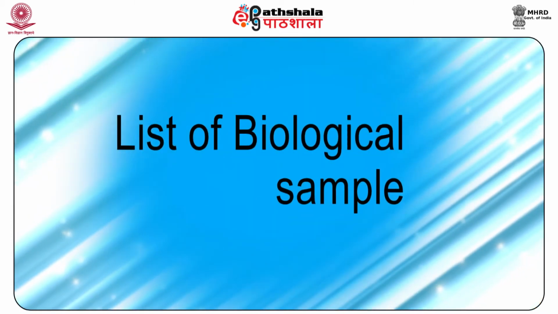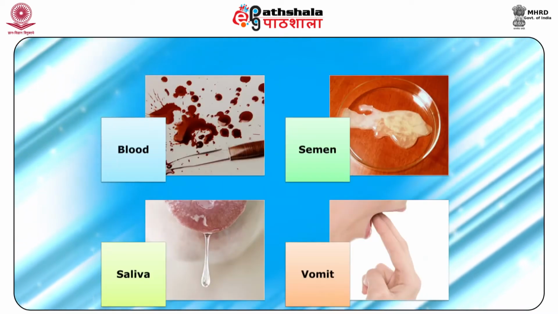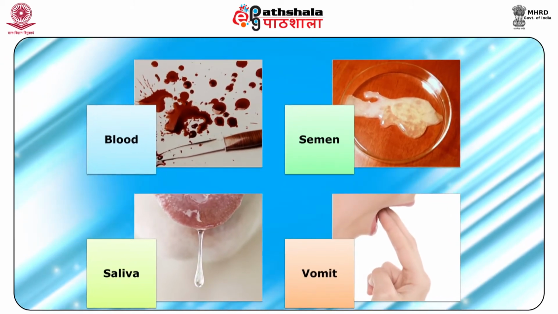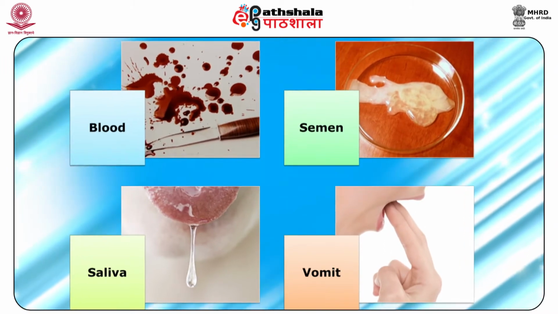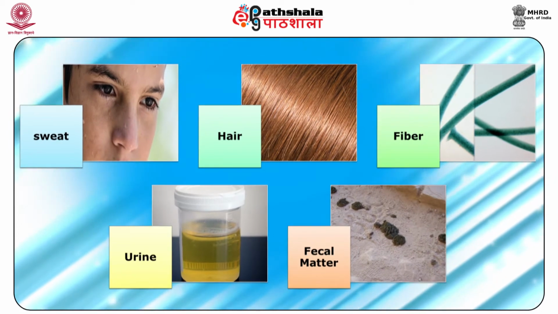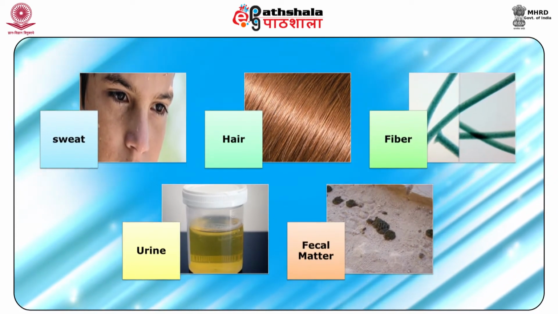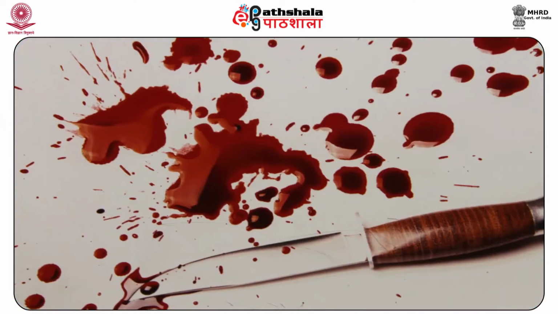Let us now see and understand the list of biological samples which are usually encountered during crime scene investigation, such as blood, semen, saliva, vomit, sweat, hair, fiber, urine, fecal matter, etc. Site of biological evidences. First is blood.